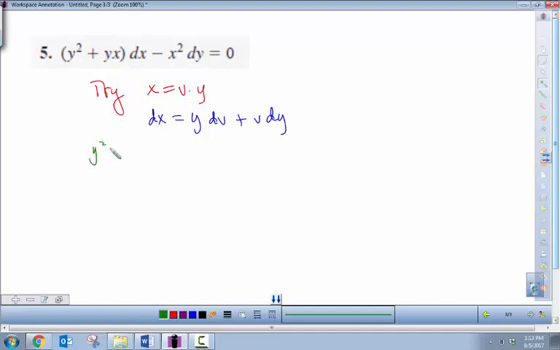So I got y squared plus y times vy dx minus vy quantity squared times the dy turns out to be this big thing.